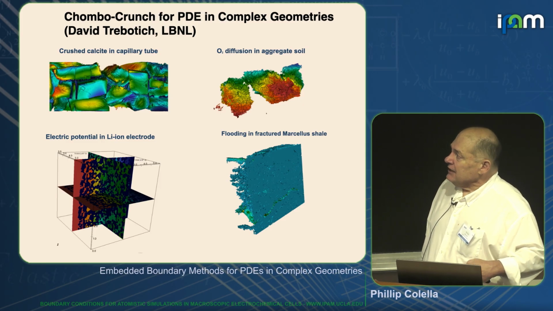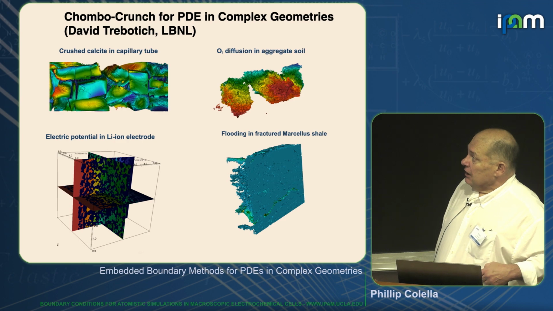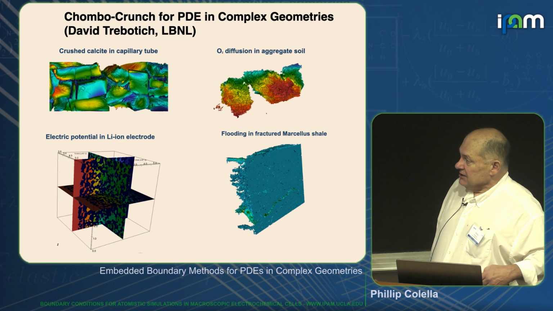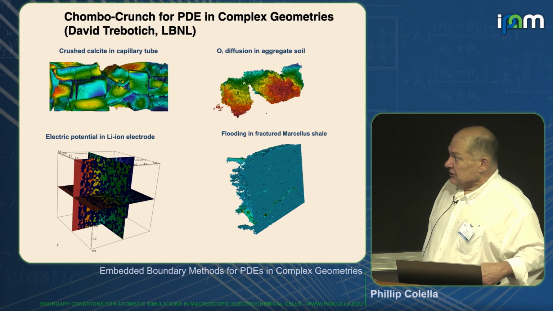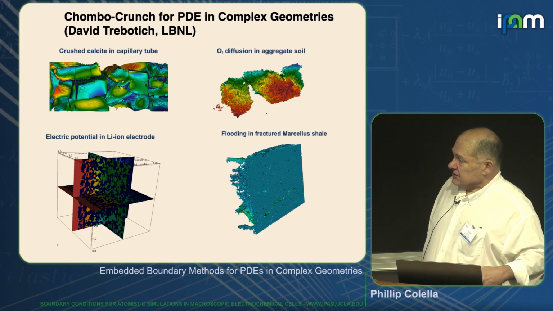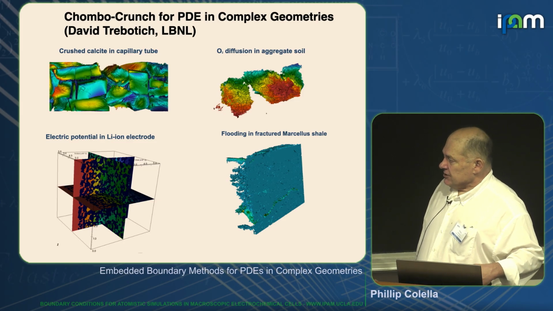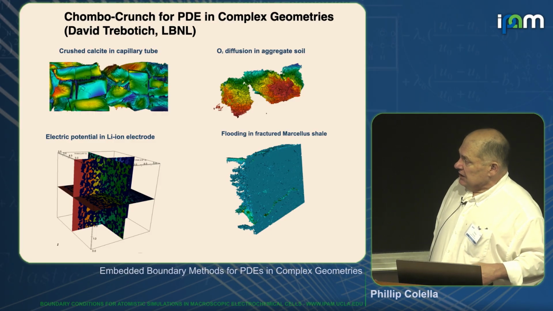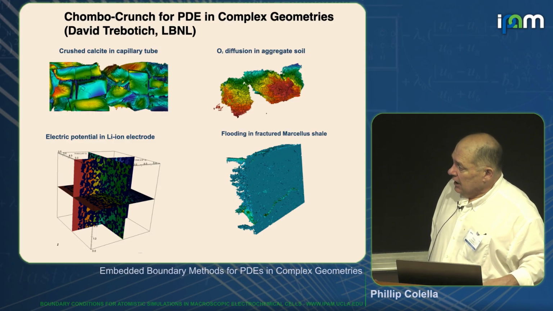This is all by David Trebotich, who is at LBL, and he's now one of the leading experts in doing these kinds of calculations. Extremely irregular geometries. This is plots of the pressure on the surface of the calcite, and O2 diffusion in aggregate soil.